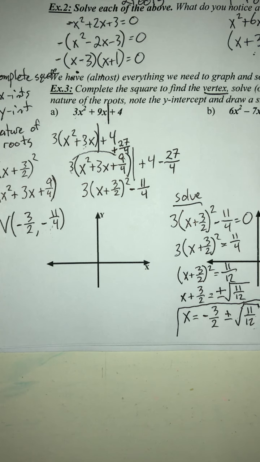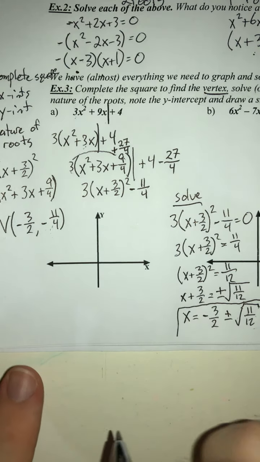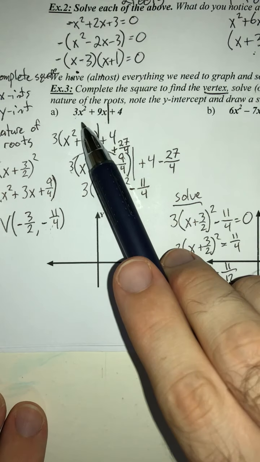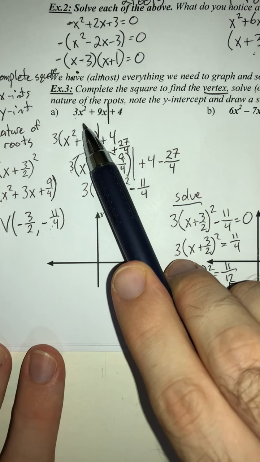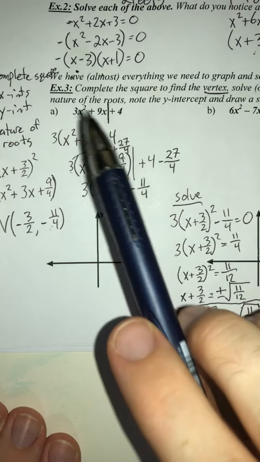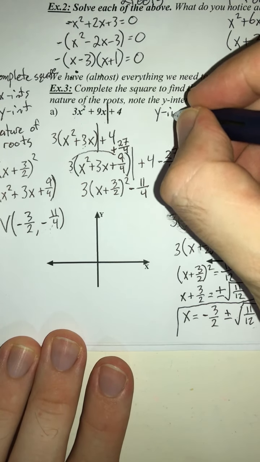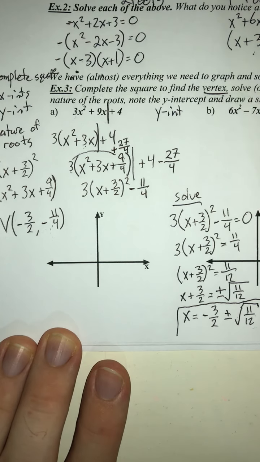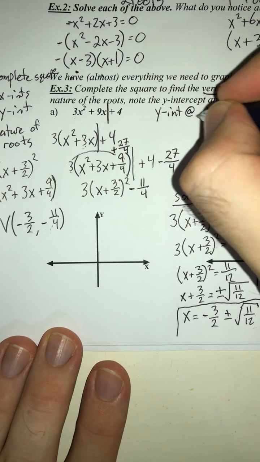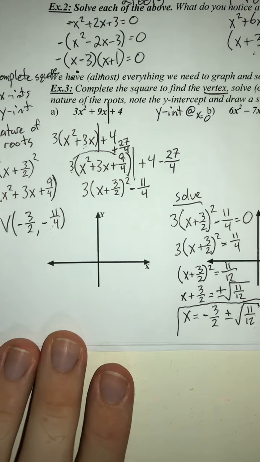We also need our y-intercept. The y-intercept, not the hardest thing in the world. This one's actually pretty easy. So to get my y-intercept, all I do is look at my equation here, because to get a y-intercept, you plug in x equals 0.